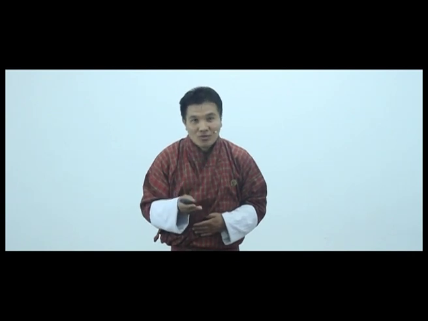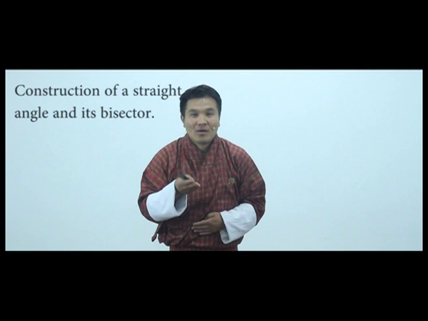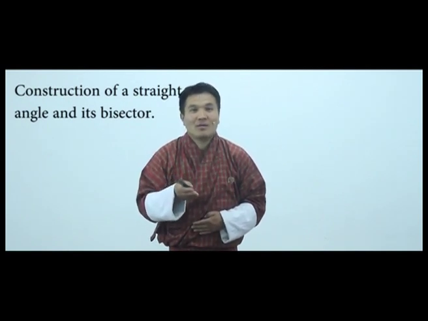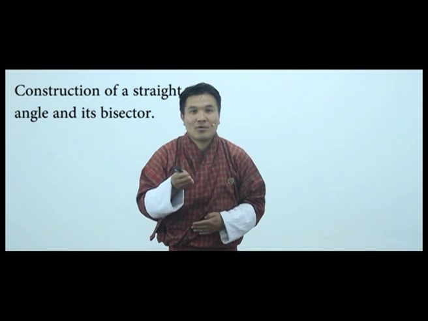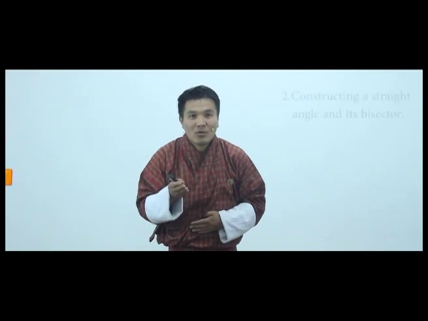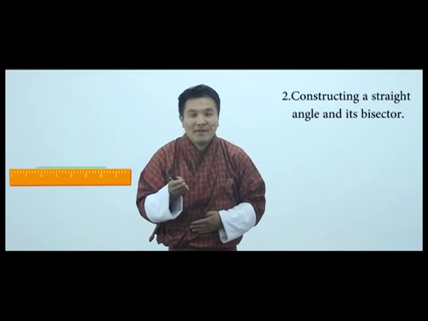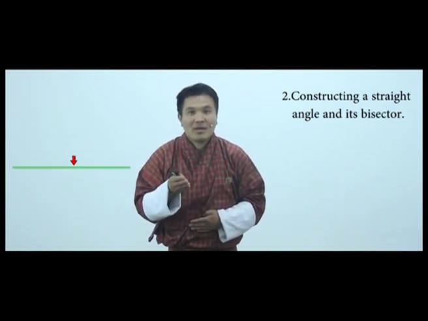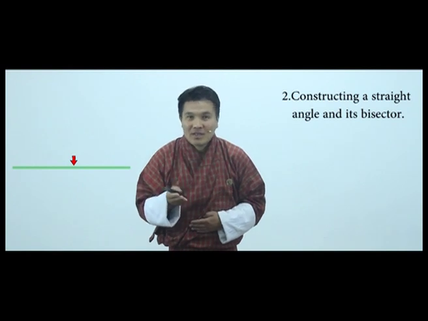Next, I am going to demonstrate how you are going to construct a straight angle and an angle bisector for it. So, when it comes to a straight angle, it is easy to draw. Take your ruler, draw the line and mark the angle in the center. Now, after you have your straight angle, how to construct the bisector?